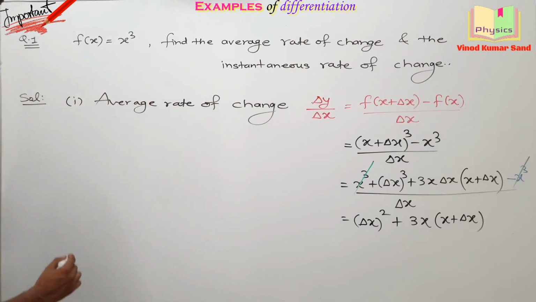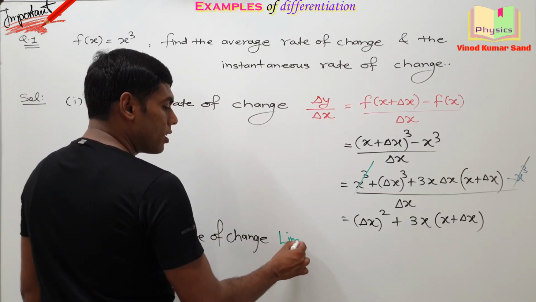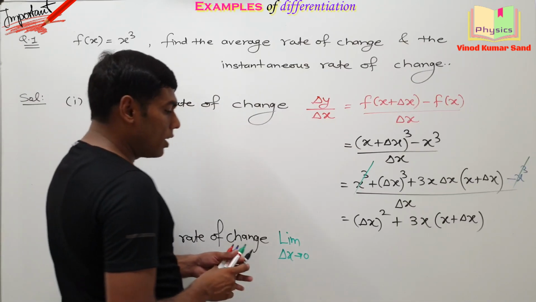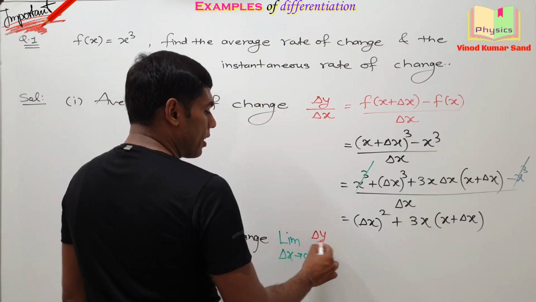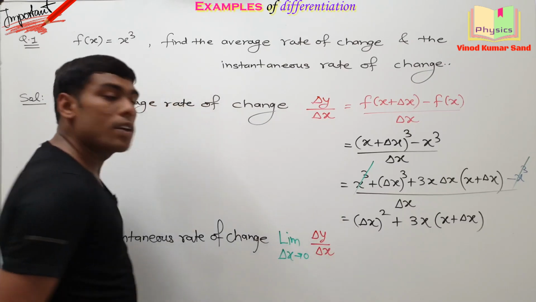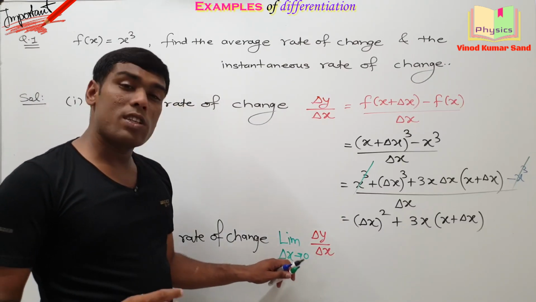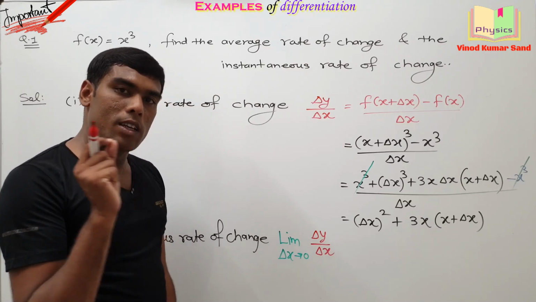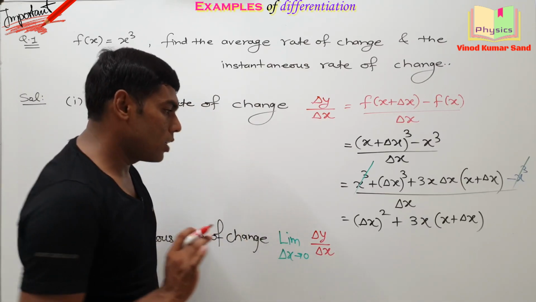Now we are obtaining the instantaneous rate of change. Limit del x tending to 0 of delta y by delta x. Del x tending to 0 means del x is a very small quantity, almost approaching 0.